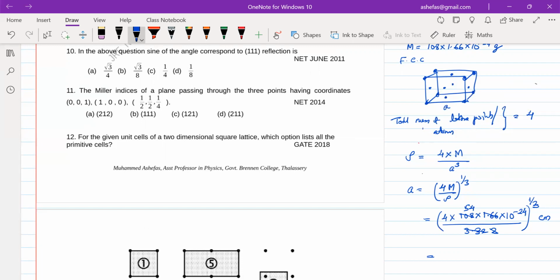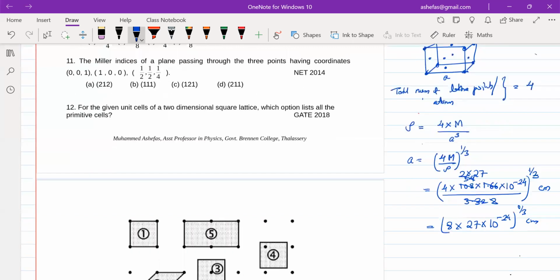So better what we can do is 54 can be written as 2 into 27. So it can be 8 into 27 into 10 raised to minus 24, all raised to 1 by 3 centimeter.